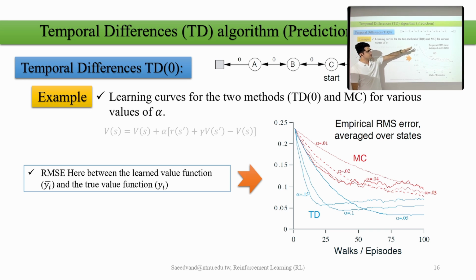Here alpha is 0.02, alpha 0.04, 0.03. With changing learning rates, you can see that the convergence is quite different, but generally it is slower than temporal differences methods. Temporal differences methods, with also different alpha learning rates, have better convergence over there.